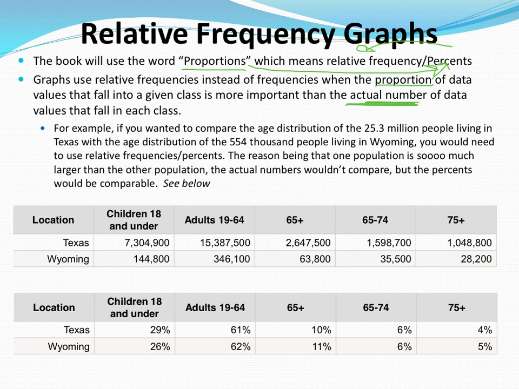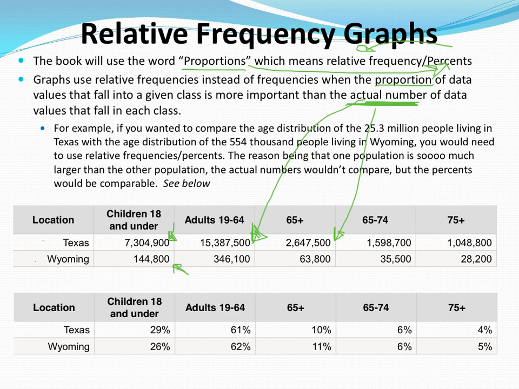What do I mean by actual number? Well, that's this guy right here. That's the actual number. So what's more important than the actual number is the percents, and here's an example of why. Let's compare the most populous state, which is Texas, to the least populous state, which is Wyoming. There's a total of, I think, 25.3 million people in Texas versus 544,000 people in Wyoming. So if I were to tell you the amount of children that are 18 and under, for Texas you've got 7.3 million, and for Wyoming we have 144,000.